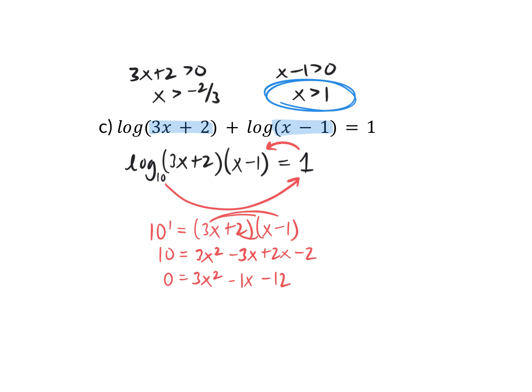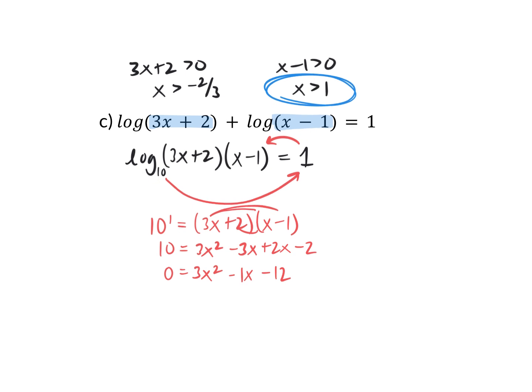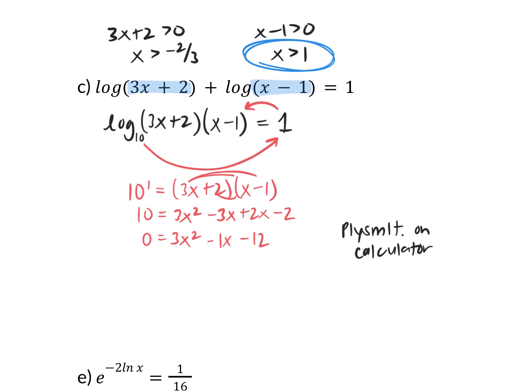So I can think what multiplies together to give me -36 and adds to give me -1. I'm not sure about that one. So instead of doing the quadratic formula, let's use the polysmelt function on your calculator to get some more practice with that. Or you could use the quadratic formula. Either one will get you the answer.